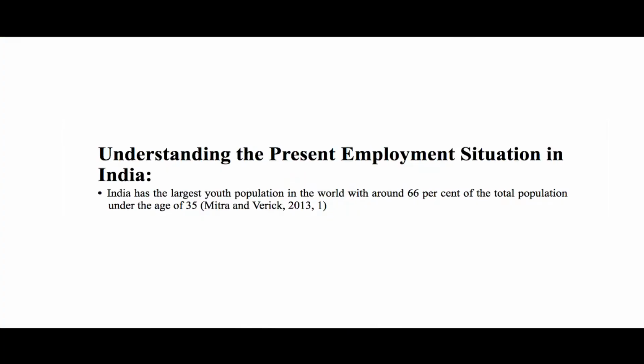As we have mentioned above, India has a budding working population from the age group of 15 to 59 years, which is otherwise considered a demographic dividend. It has the largest youth population in the world, with around 66% of its total population under the age of 35. According to a study of 2010 population figures, 1 in 5 young people in the world is an Indian.